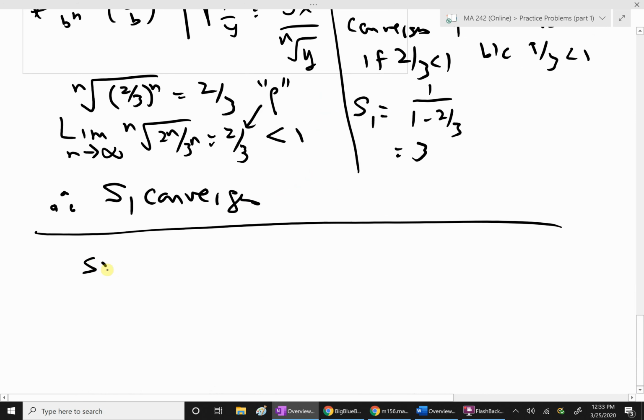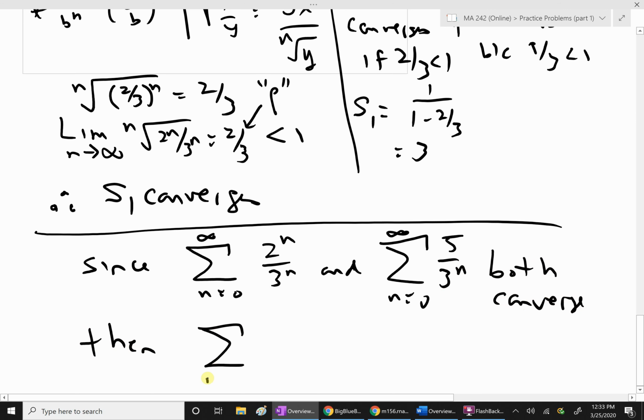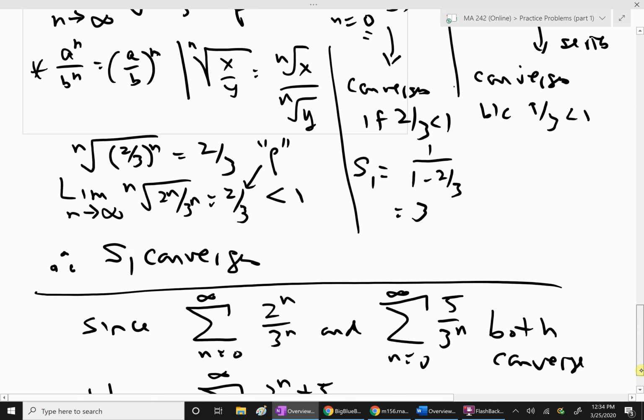We say, okay, since the summation n equals 0 to infinity of 2 to the nth over 3 to the nth, and the summation n equals 0 to infinity of 5 over 3 to the n both converge, then the infinite series of the sum of these two terms converges. Okay? And that's how we write that up.